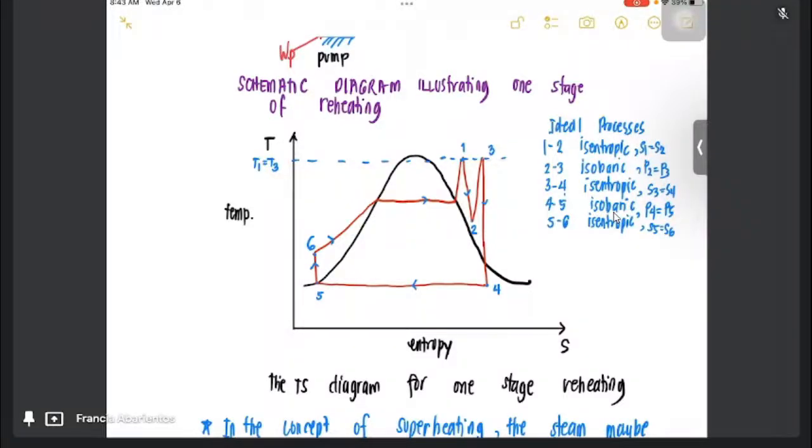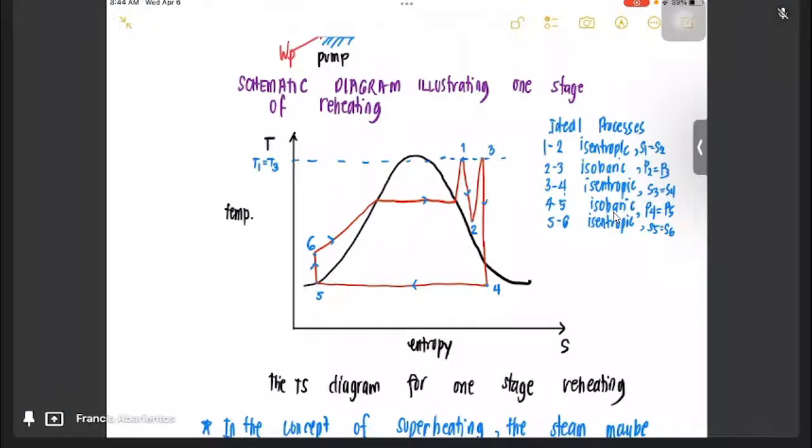And pag hindi sinabi sa problem, more likely in a reheater, the temperature that leaves the boiler and that leaves the reheater is the same. Okay? Pag hindi binigay sa problem. That is the assumption during a reheat Rankine cycle. And from 3 to 4, again, this is now your turbine from point 3 to point 4.